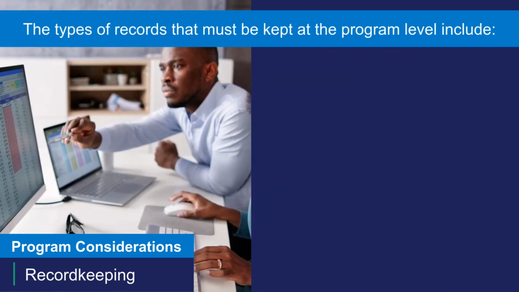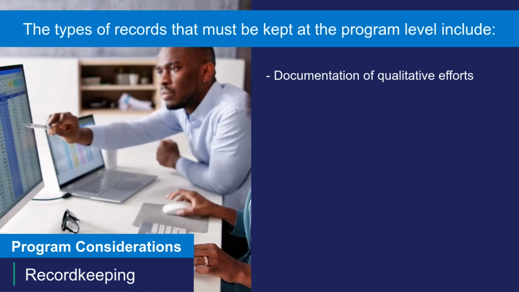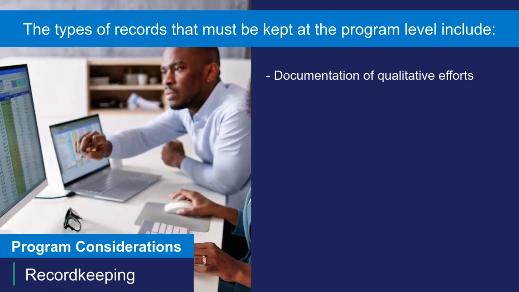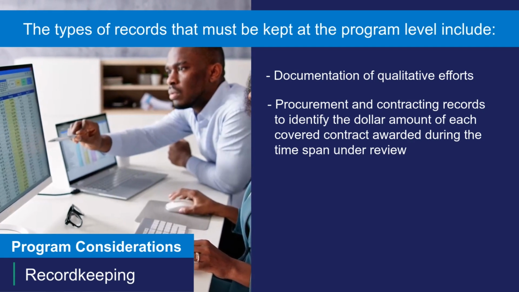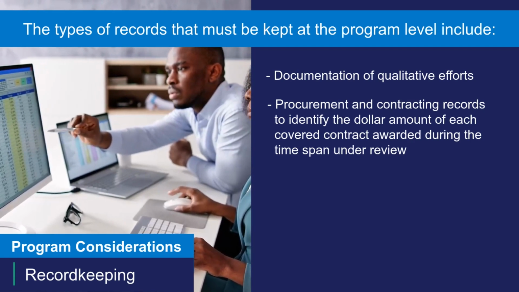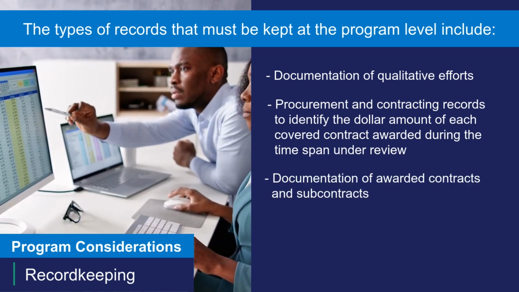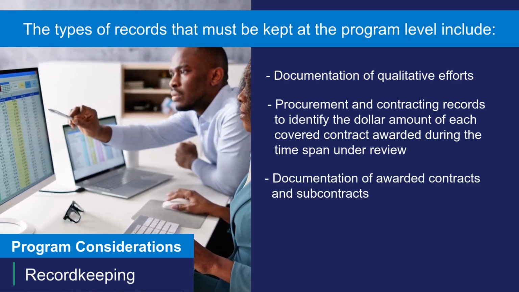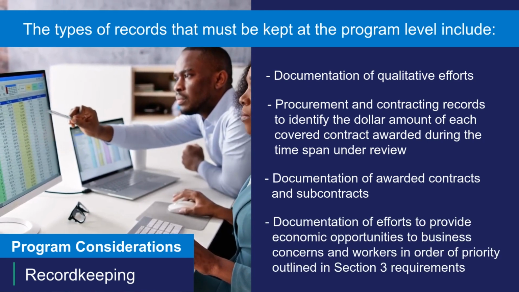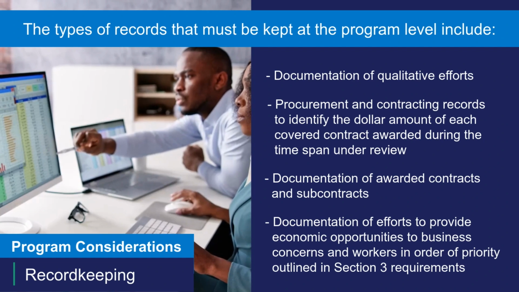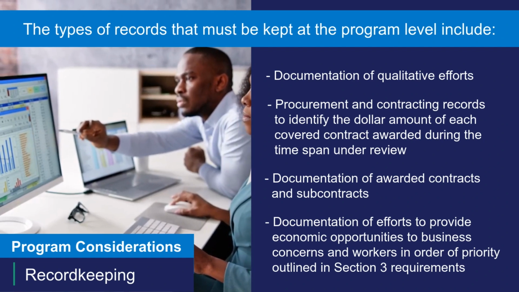The types of records that must be kept at the program level include documentation of qualitative efforts, procurement and contracting records to identify the dollar amount of each covered contract awarded during the time span under review, documentation of awarded contracts and subcontracts, and documentation of efforts to provide economic opportunities to business concerns and workers in order of priority outlined in Section 3 requirements.